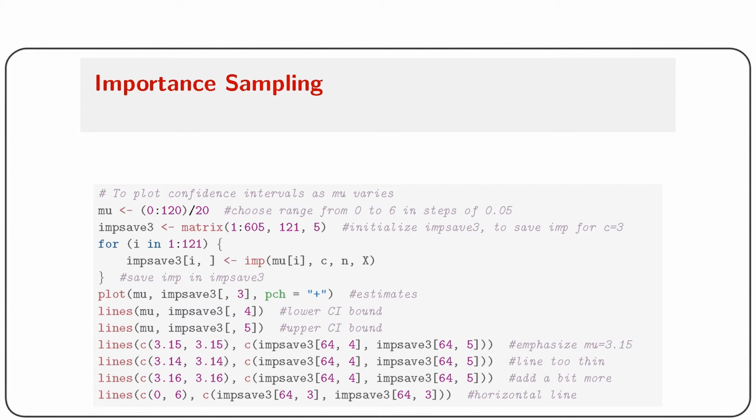Finally, you plot mu against the IMPS save 3 third column, 4th column, and 5th column, then add lines, and you can see this plot. That is the importance sampling plot of convergence.